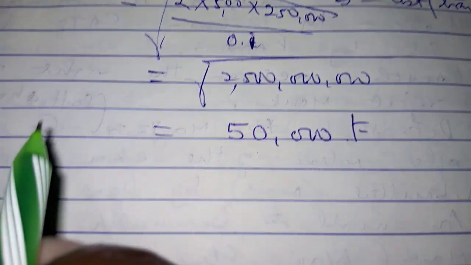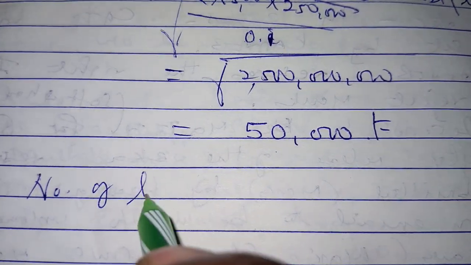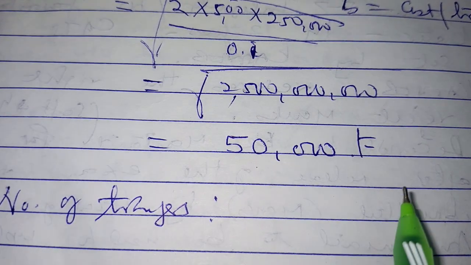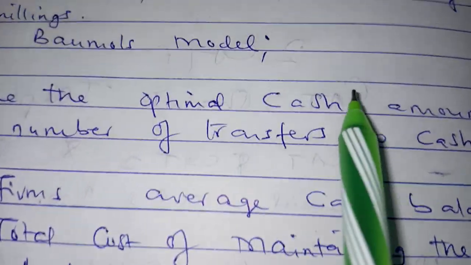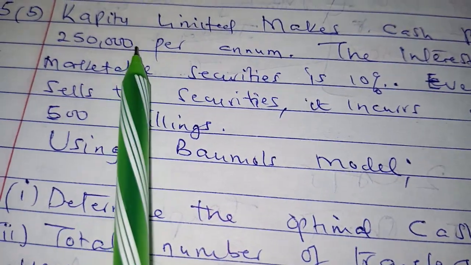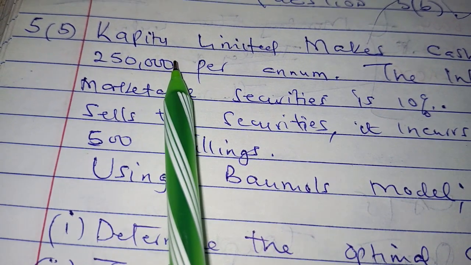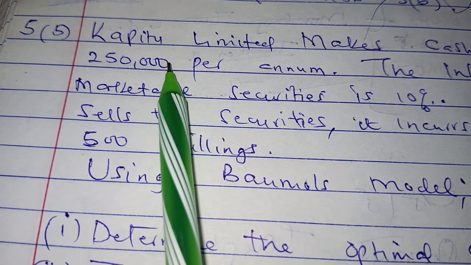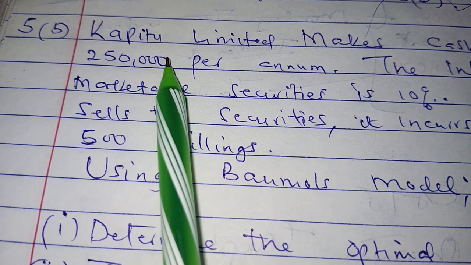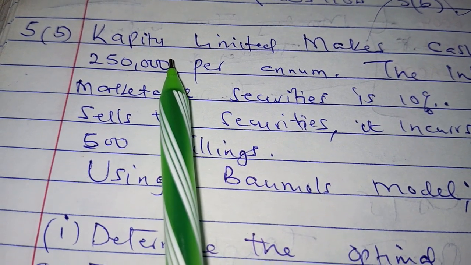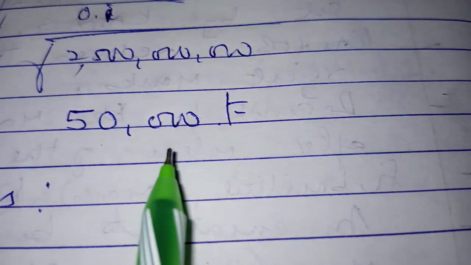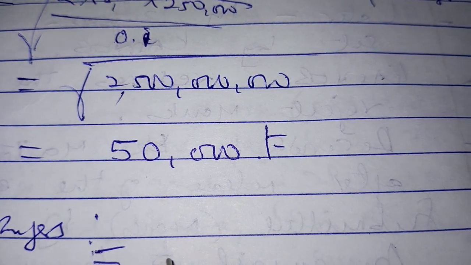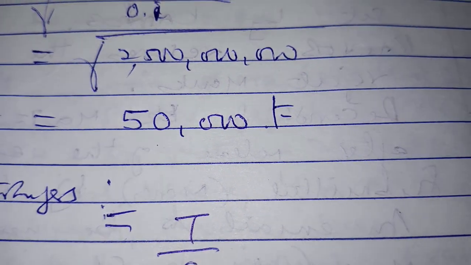Roman 2 asks for the number of transfers. If we require 250,000 for the whole year, but every time we change the marketable securities or near money cash securities we are going to have 50,000, then the number of transfers is given by T divided by OC.